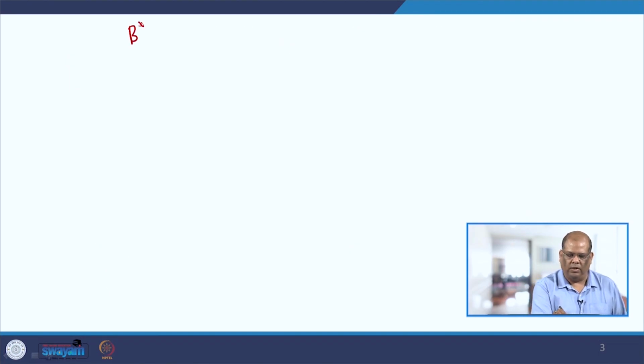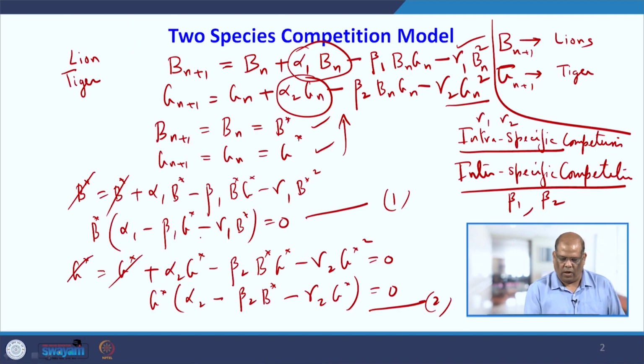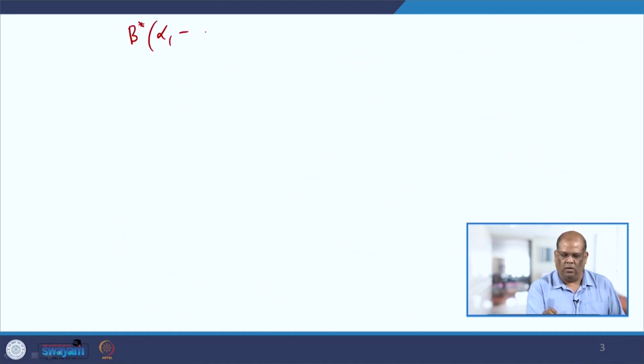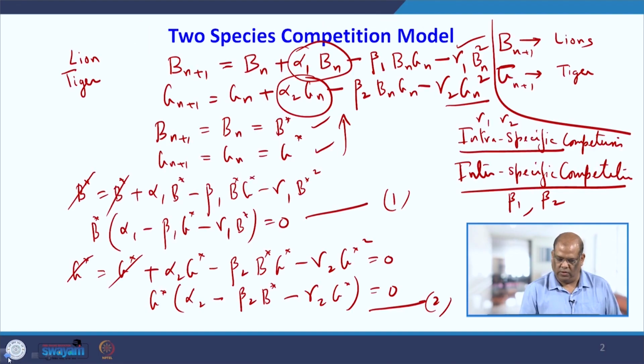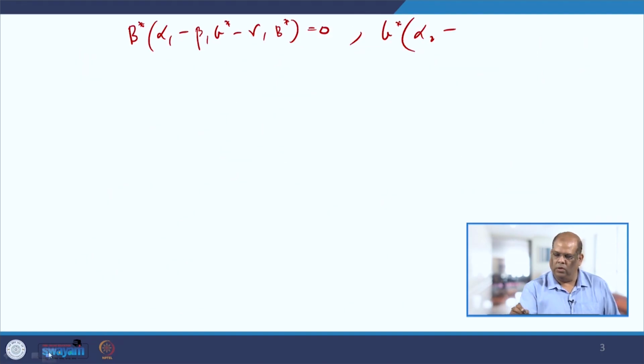So, you have b star times alpha 1 minus beta 1 g star minus gamma 1 b star equal to 0, and you have g star times alpha 2 minus beta 2 b star minus gamma 2 g star equal to 0.